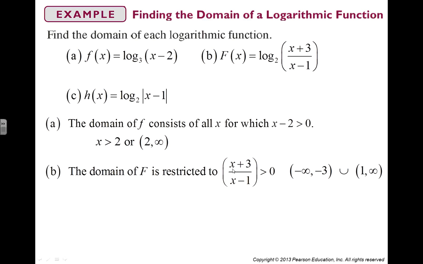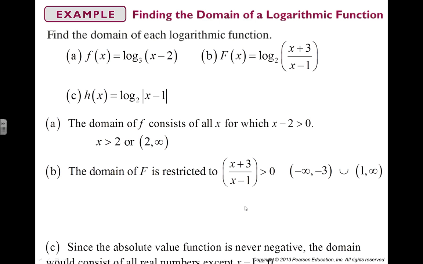Any value that is in between negative 3 and 1 will make this value less than 0, so those numbers are excluded. So the domain is from negative infinity to negative 3, and from 1 to infinity. And these are both not included because it's not greater than or equal to, it is greater than.